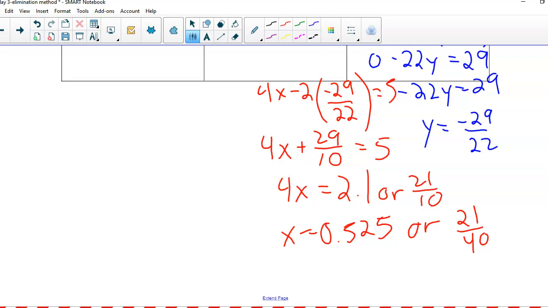So if you start with fractions, end with fractions. If you change this to a decimal, then you could keep decimals. What is this as a decimal? Just so we have it. It's going to be something weird because it's over 22.